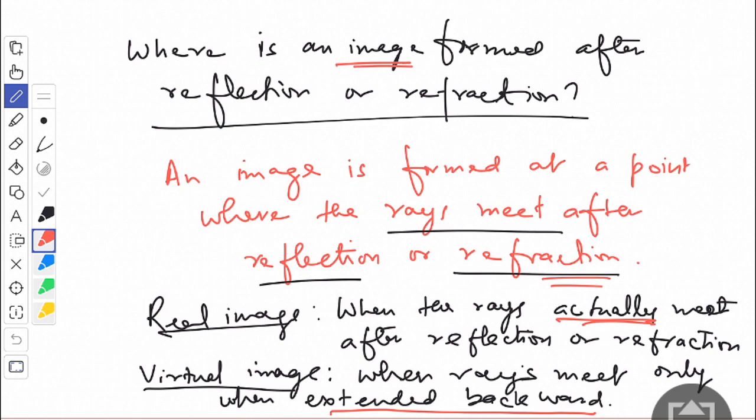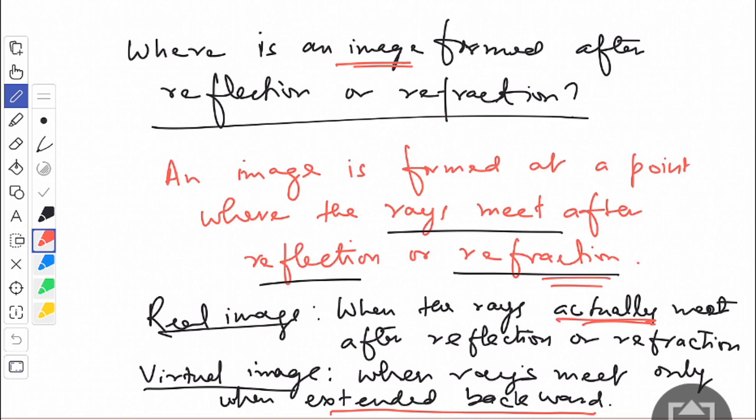One question I have is, is it right that in a concave mirror, image is formed at the focus? So tell me, when will image be formed at the focus? Remember, we discussed that image is formed at the focus when the rays of light are parallel to the principal axis. When are the rays of light parallel?